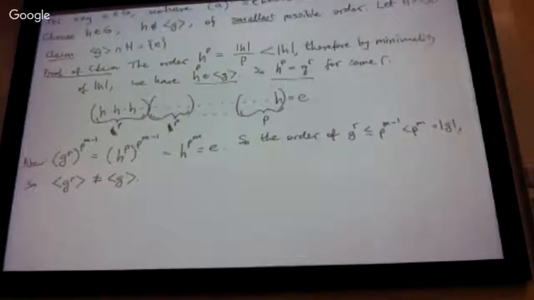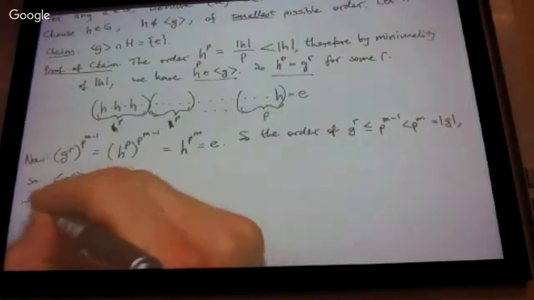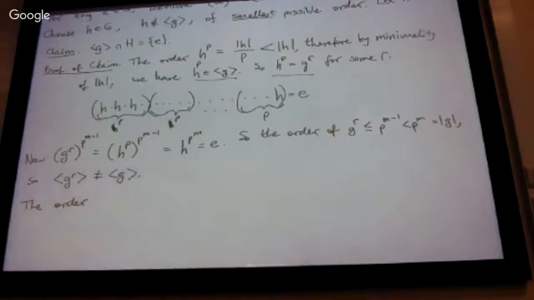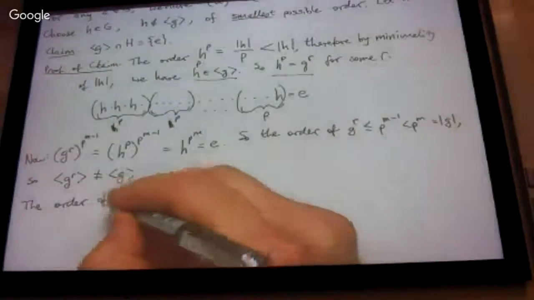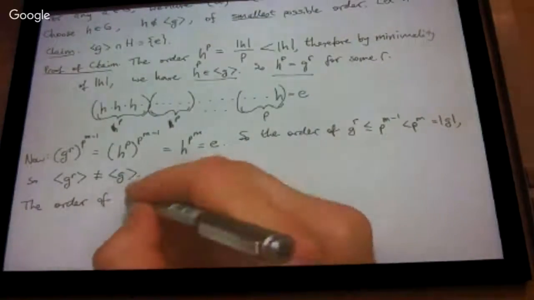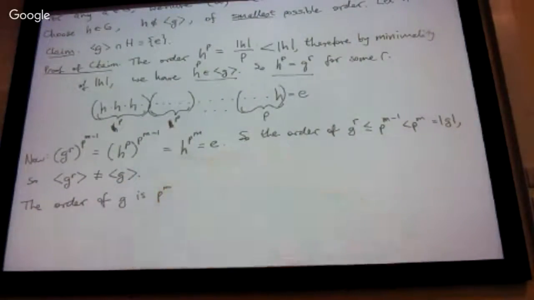Okay, so that's one thing. That would be useful later, I think. I'm lost in the details now. Don't ask me any big questions. The order of g is p^m. We had that. That was the definition of m.